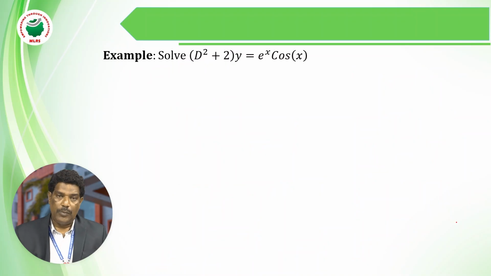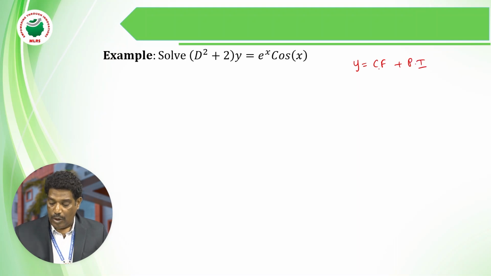Next, one more example based on the same concept. Here the given differential equation is (D square plus 4) y equals e power of x into cos x. Again, this is a second order differential equation. Here also the general solution will be y equals CF plus PI.